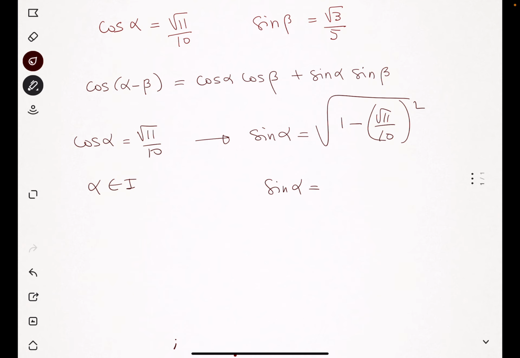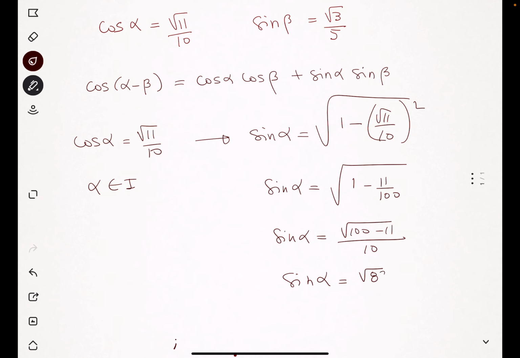So the sine will be the square root of 1 minus 11 over 100, and then the sine will be equal to the square root of 100 minus 11 divided by the square root of 100, that is 10. So you know that sine of alpha is the square root of 89 divided by 10.